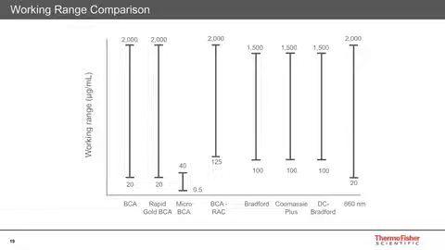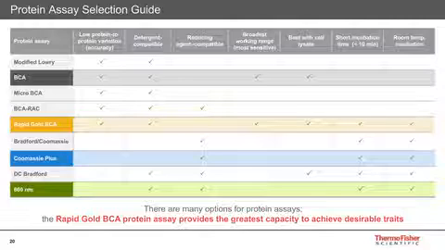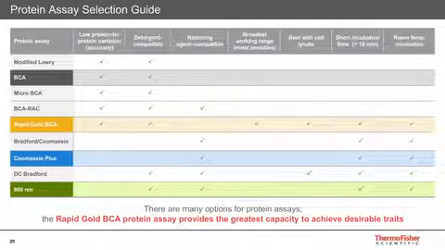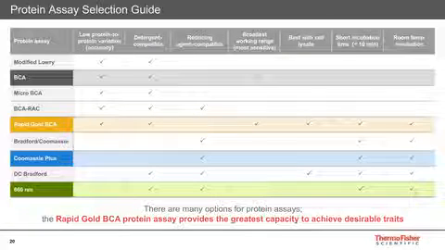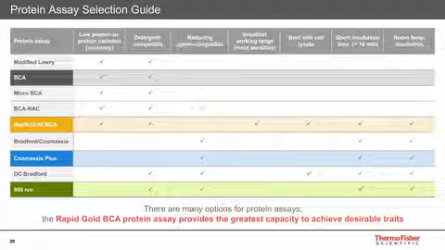Bradford assays typically have a narrow working range, but I want to point your attention to micro BCA. Even though it has a narrow working range, micro BCA gives us the best low limit of detection. We can measure as low as 0.5 microgram per mil BSA using micro BCA.